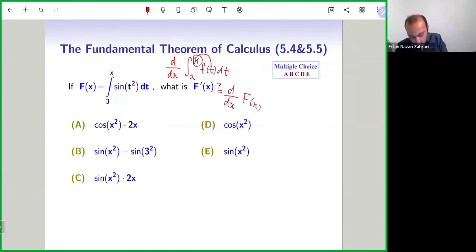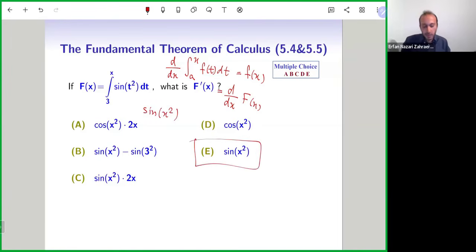Just take this and plug it into the function. So that's the fundamental theorem of calculus part 2. Using that, the derivative of this is basically to take this and plug it in instead of t. So if you plug that in instead of t, what do you get? You get sine x squared. So the derivative is this one.